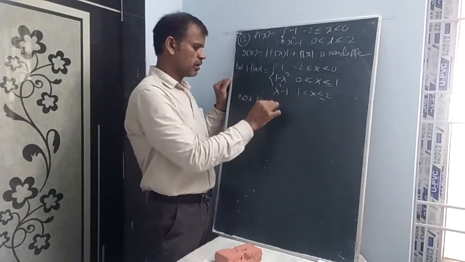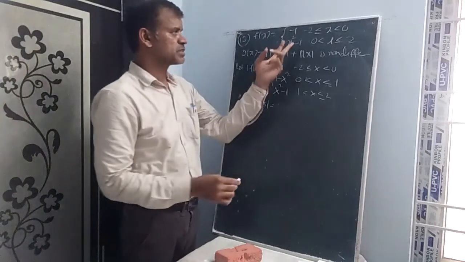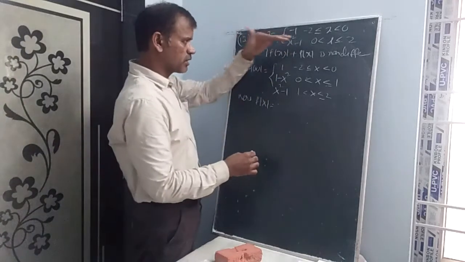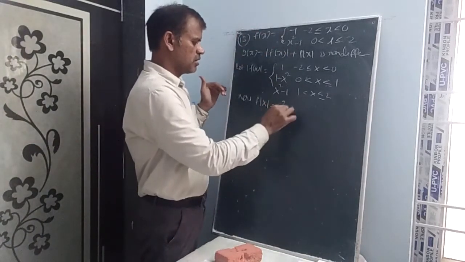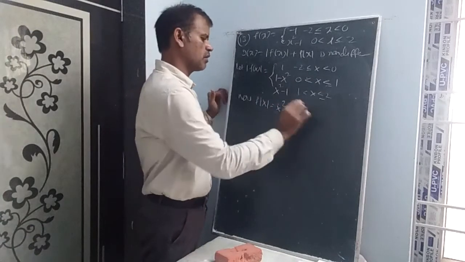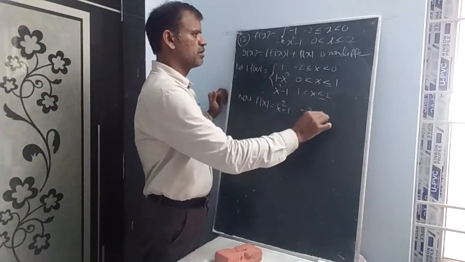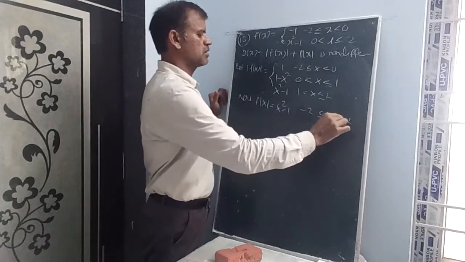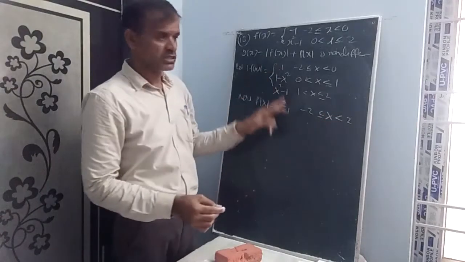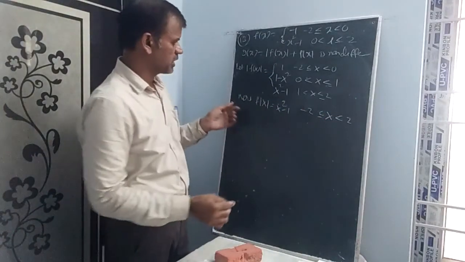Now f of modulus of x. For f of modulus of x, for x only you take whatever value is given directly: x square minus 1 everywhere, for minus 2 less than x less than or equal to 2. The constant 1 should not be added because it is only applicable for x.